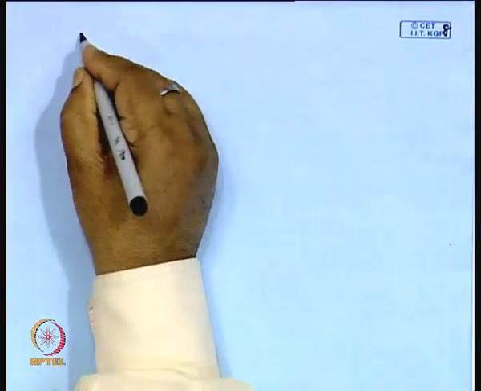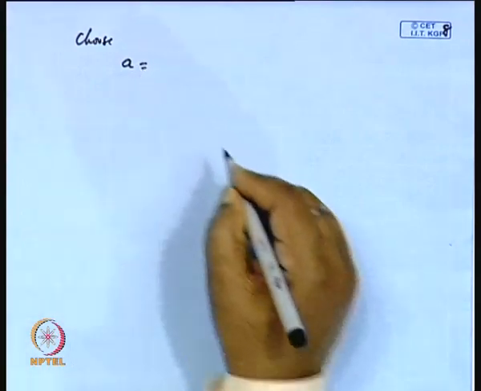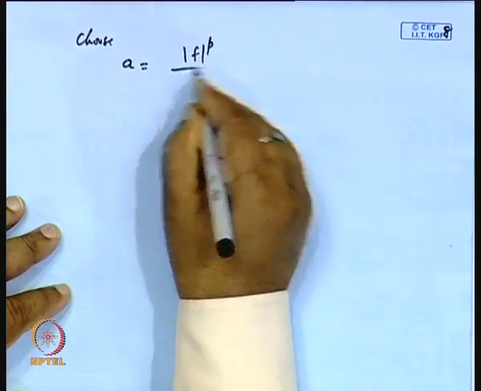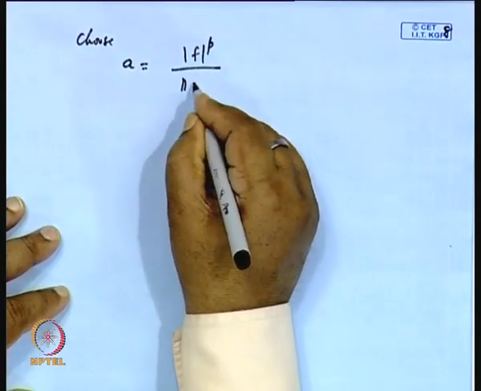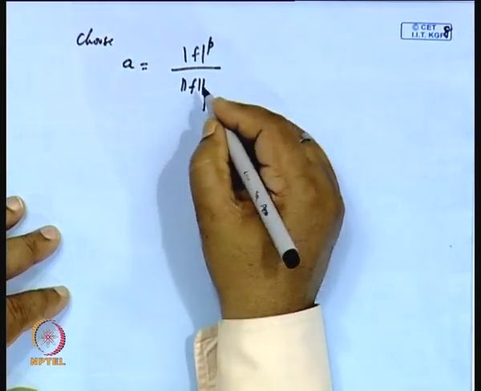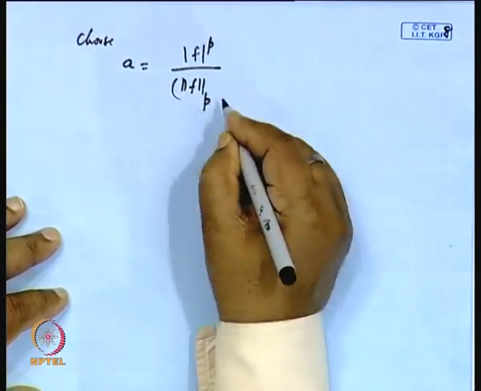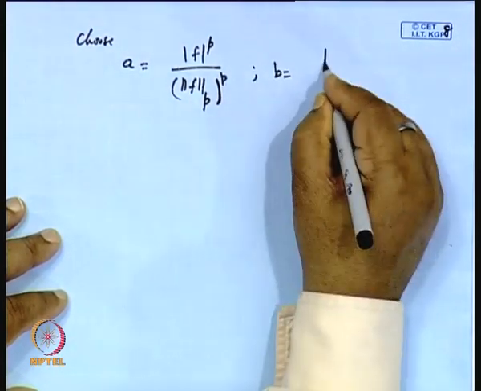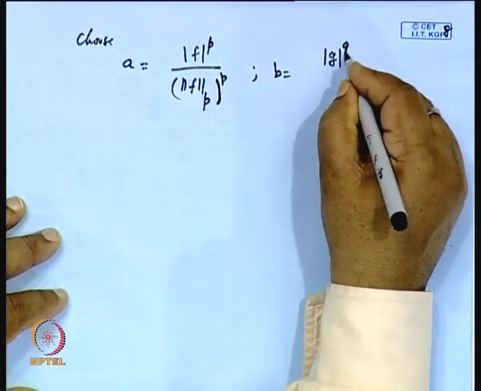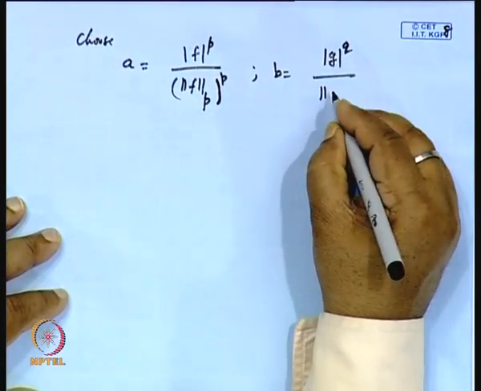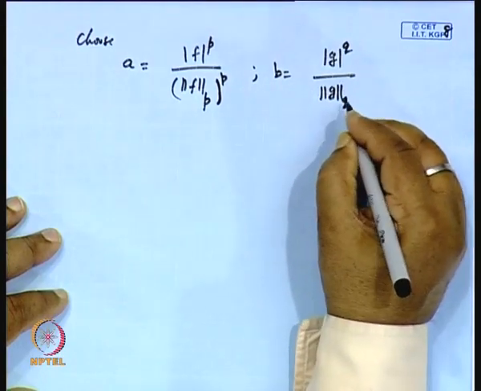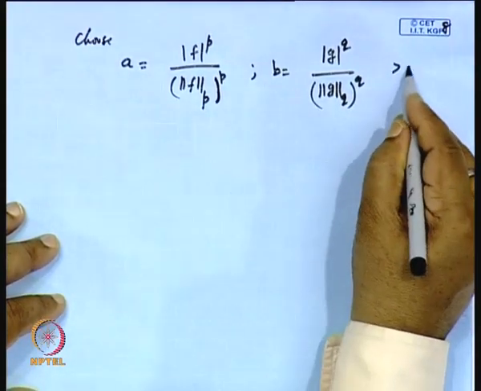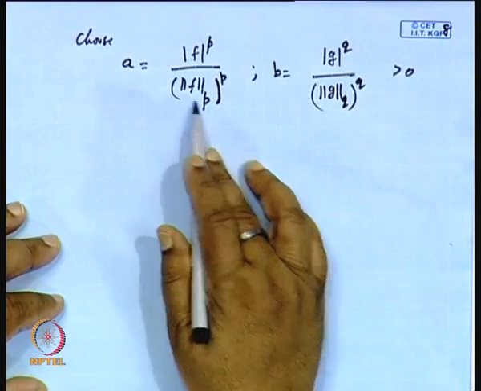Choose A to be |f|^p over norm of f suffix p, power p. Okay. And B let us take to be |g|^q over norm of g in q, power q. Now both are positive and well defined because this is non-zero, this is non-zero.